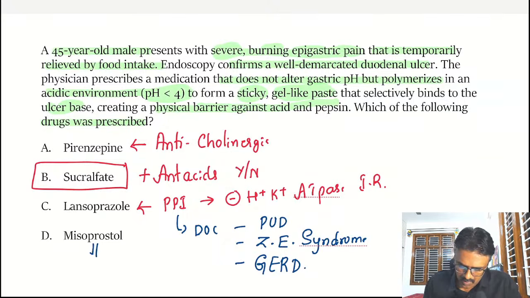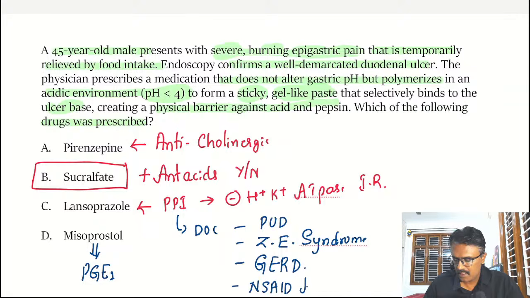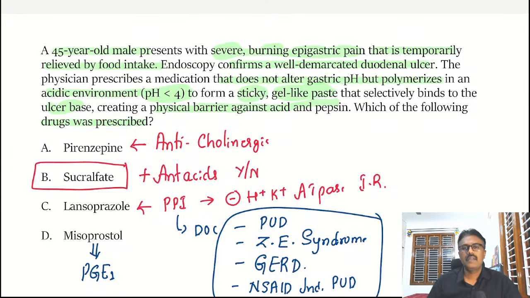Misoprostol is also used. It is a prostaglandin E1 analog given for peptic ulcer disease. But sometimes NSAIDs can induce peptic ulcer disease. The drug of choice for NSAID induced peptic ulcer disease is PPI. So please understand, for all these conditions, the drug of choice are PPIs, proton pump inhibitors.